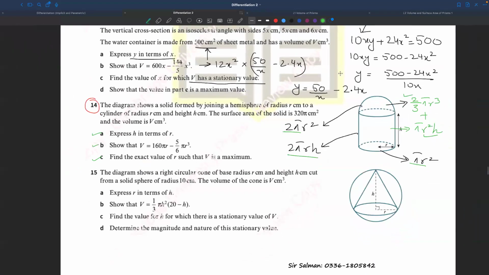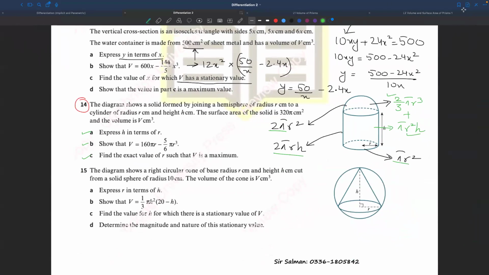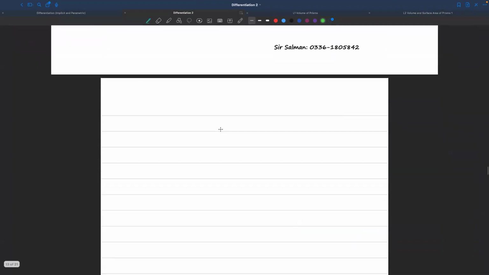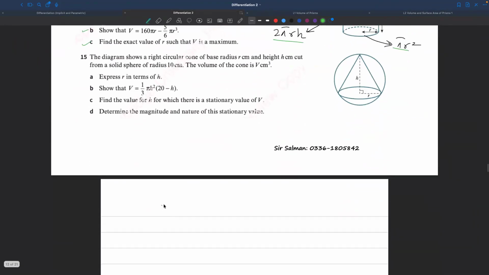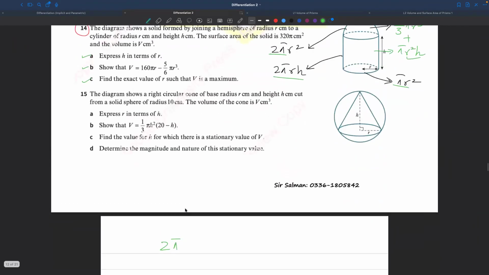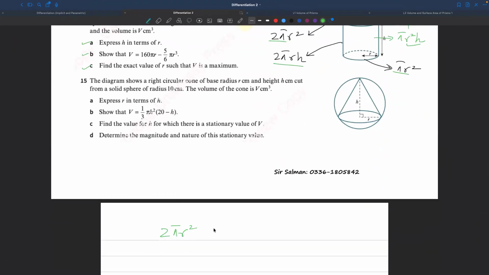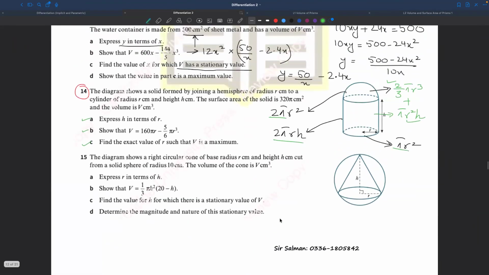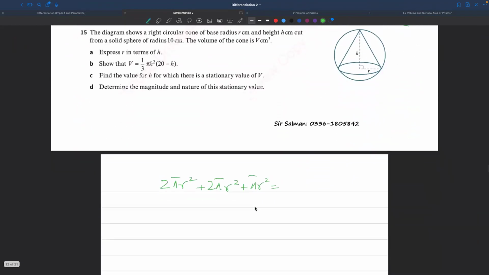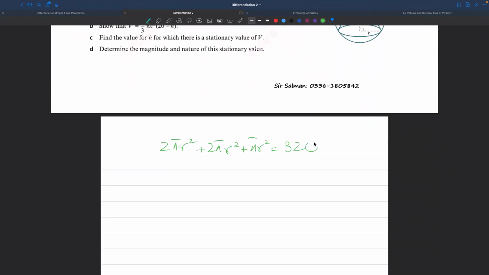Bye. Let's see now. Okay, so the surface area is 320 pi, right? And the surface area is given by 2 pi r square plus 2 pi rh plus pi r square. And that is equal to 320 pi, right? Okay, so we can just get rid of the pi.